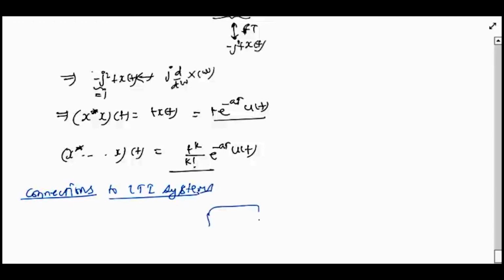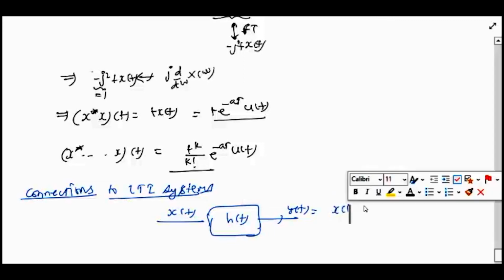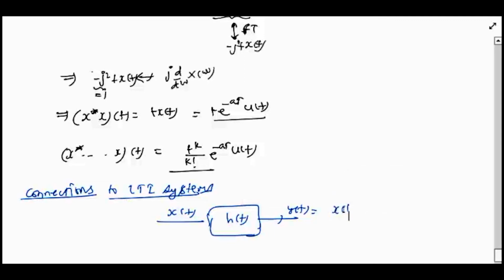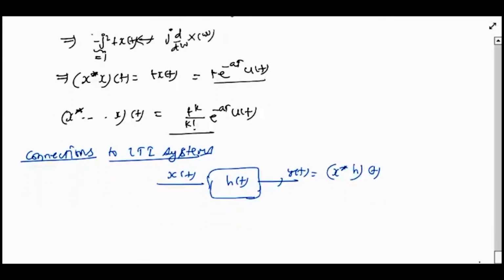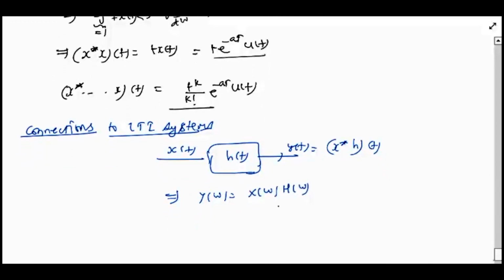Recall that in an LTI system whose impulse response is h(t), if we give input x(t), the output y(t) is the convolution of x(t) and h(t). So from the convolution property mentioned above, we know that the Fourier transform of y(t), that is Y(omega), will simply be X(omega) times H(omega), right?